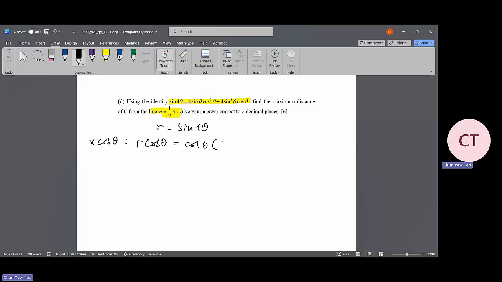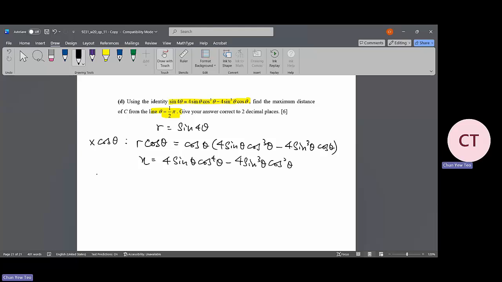Sine 4 theta, by using the instructions from the question, you make it become this: 4 sine theta cos cube theta minus 4 sine cube theta cos theta. So we can make this become x. Then I multiply inside, making it 4 sine theta cos to the power 4 theta minus 4 sine cube theta cos squared theta.